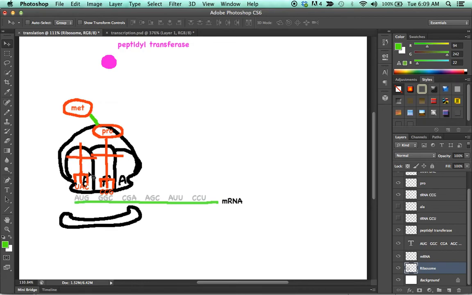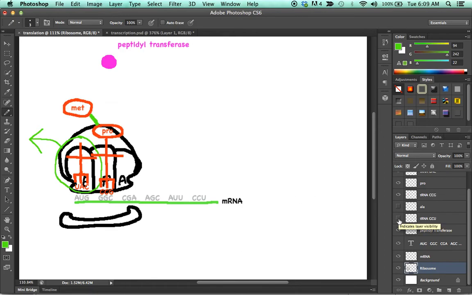This tRNA molecule will now leave the E site to be recycled. This is where they get to be attached again to their specific amino acid. So the tRNA molecule leaves, and the A site is ready to accept new tRNA molecules.